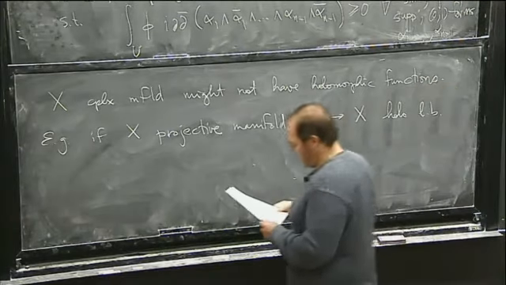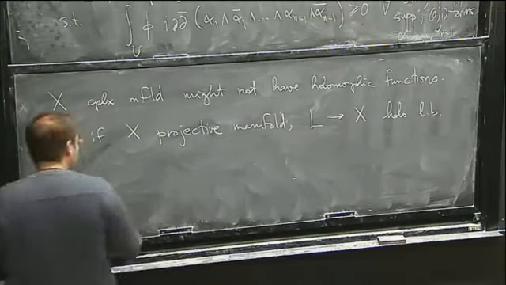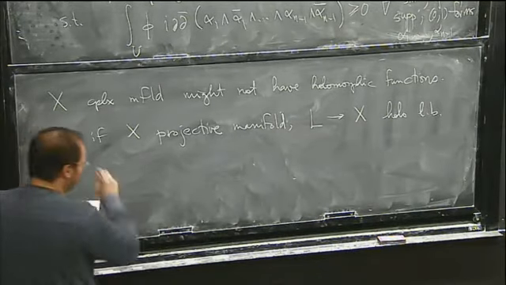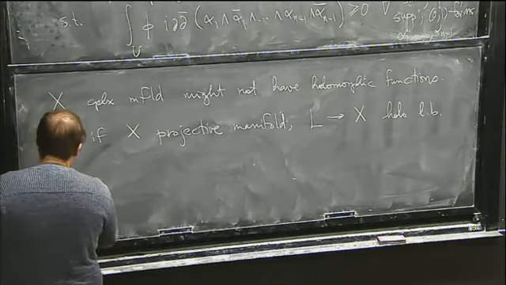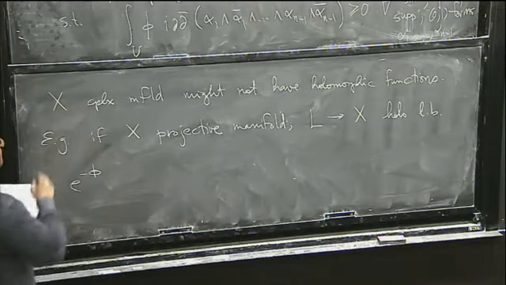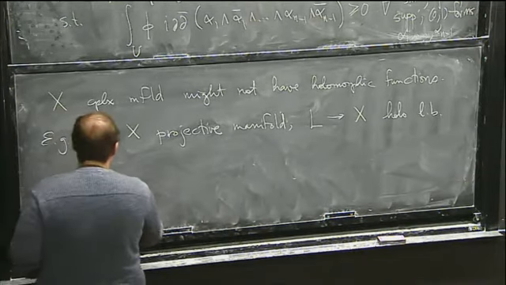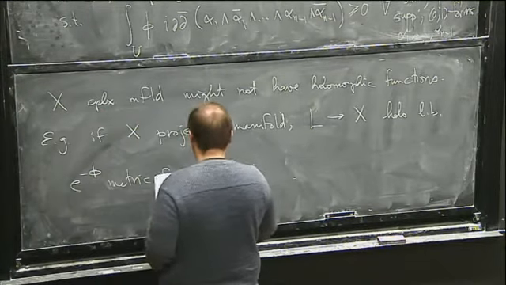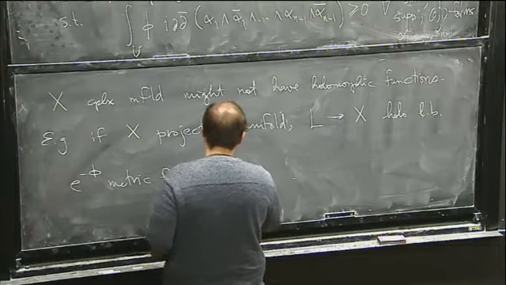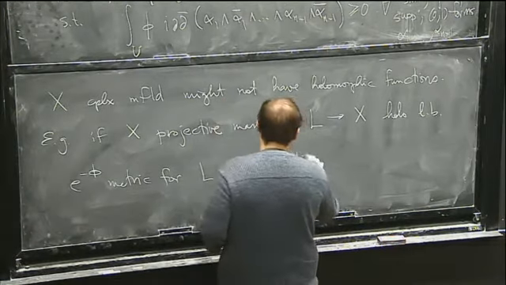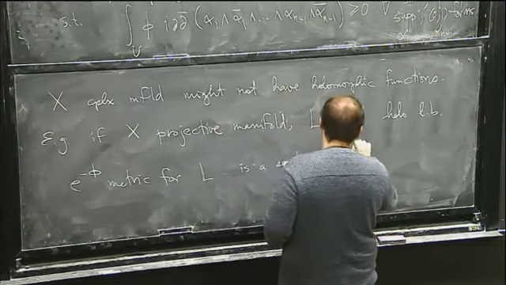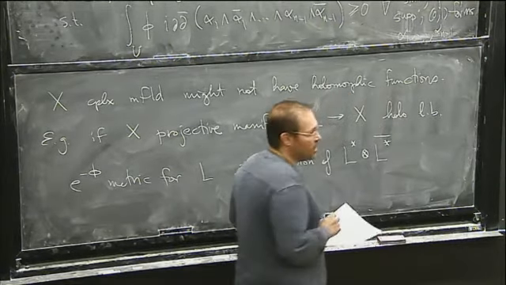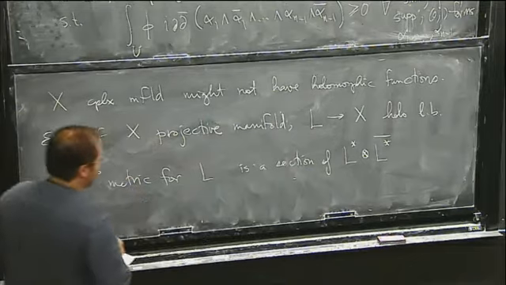And then you could consider a metric on this line bundle. A metric has a little bit of a funny notation. A metric for L is really a section of L star tensor the complex conjugate of L star. So it's an anti-holomorphic line bundle.